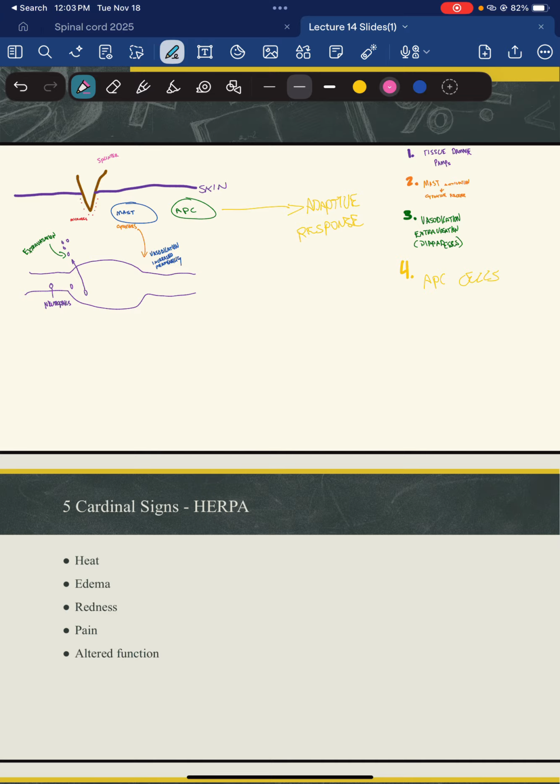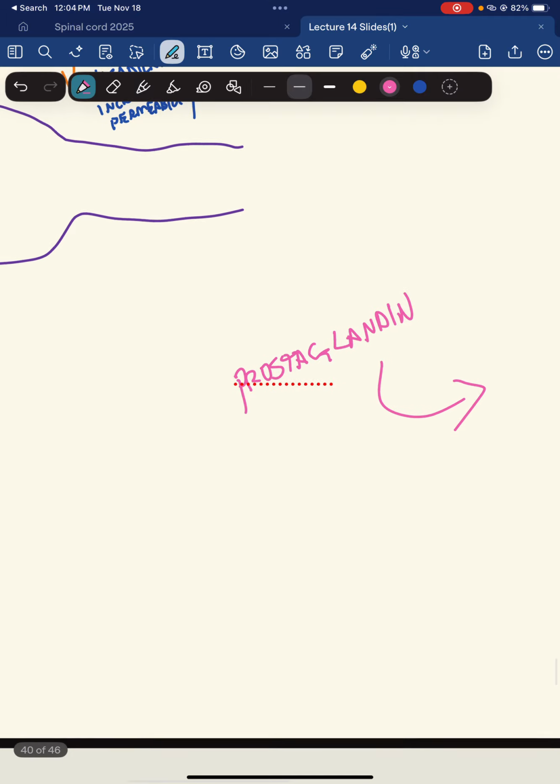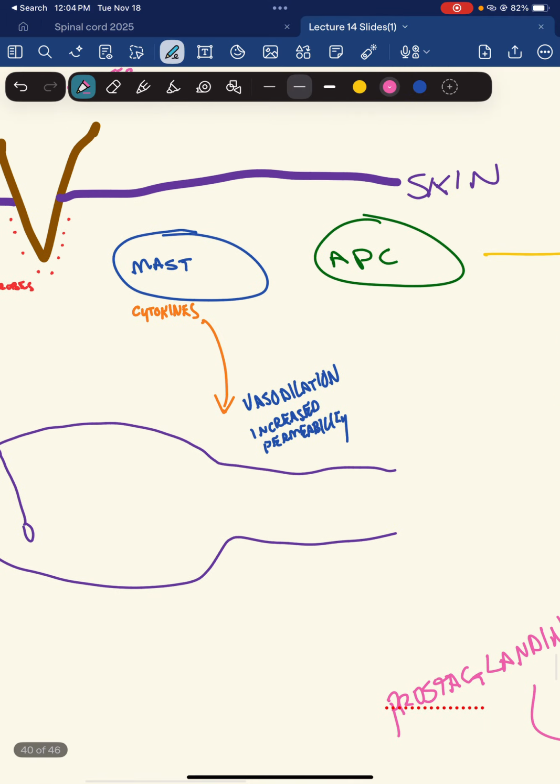So these prostaglandins that are produced by the mast cells, these are a type of cytokine, and that contributes to the pain reaction. All right, so these are our 5 cardinal signs, and this is what's actually happening at the site. All right, and this doesn't just have to be the skin. This can be anywhere that inflammation happens at.